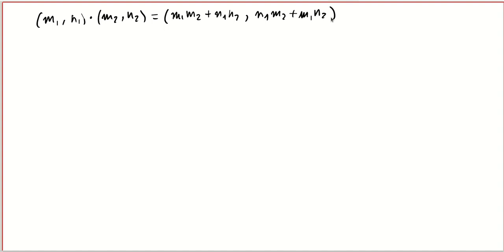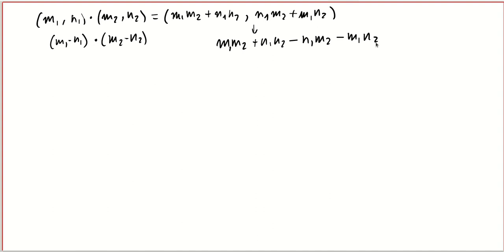And again, we're going to see if this matches the expectations, right? So the integer here is m1 minus n1, and the integer here is m2 minus n2, right? If we multiply these two integers, we get a number. And let's see what we get here. If we translate, this is the integer m1 m2 plus n1 n2 minus n1 m2 minus m1 n2.